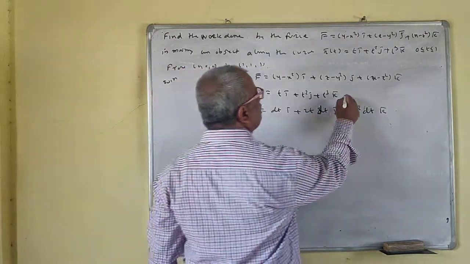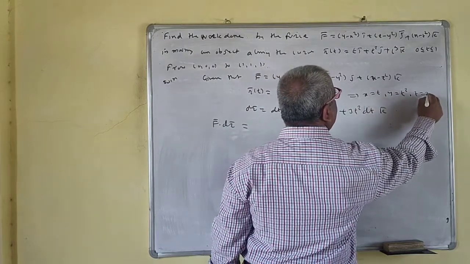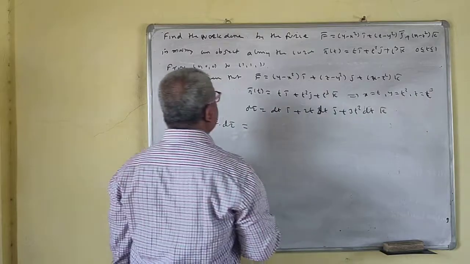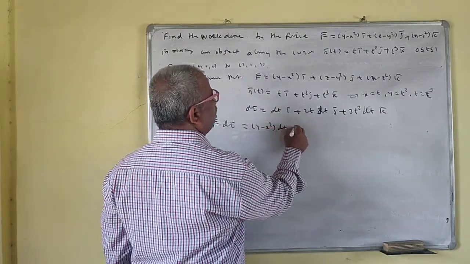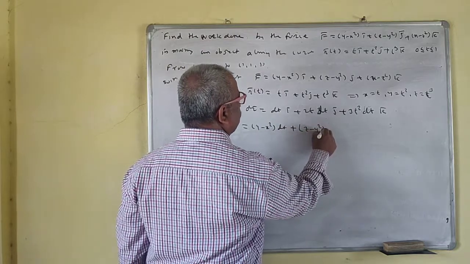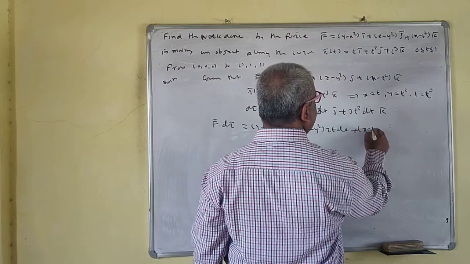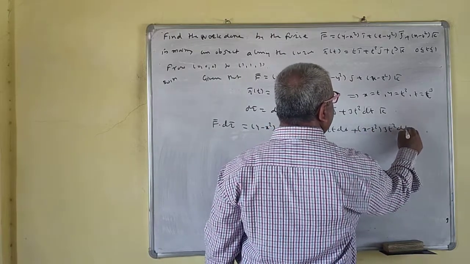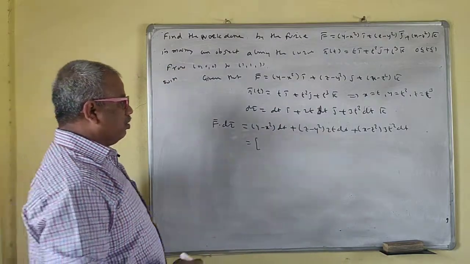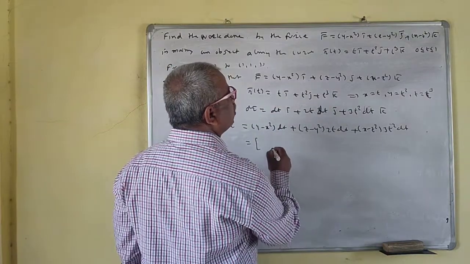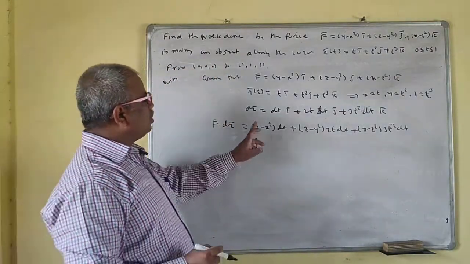Here this implies that x is equal to t, y is equal to t square, z is equal to t cube. So f bar dot dr bar is (y minus x square) dt plus (z minus y square) 2t dt plus (x minus z square) 3t square dt. Now we'll write the values of x, y, z. Y minus x square means t square minus t square, so this is 0.